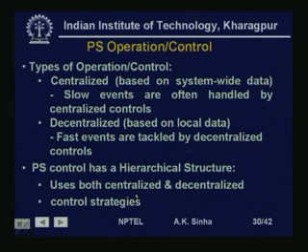Of course, this is achieved by means of what we call a hierarchical control system, where the larger controls and the slow acting controls are done by means of centralized controls, whereas the fast acting controls like protection and other systems are done by means of decentralized control, that is, local controls.